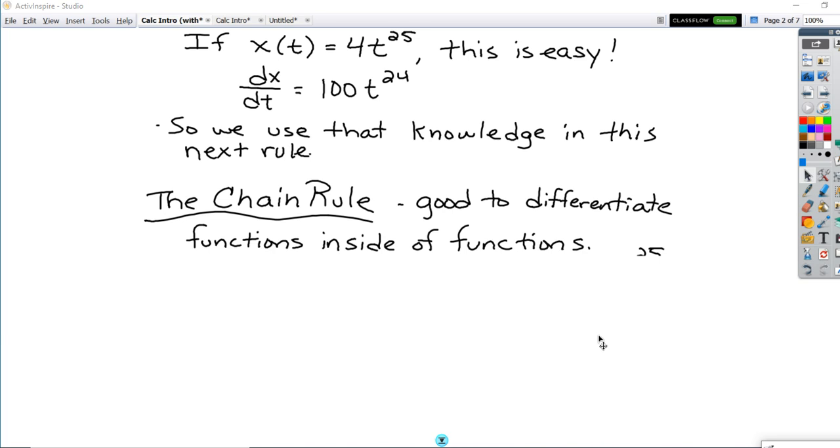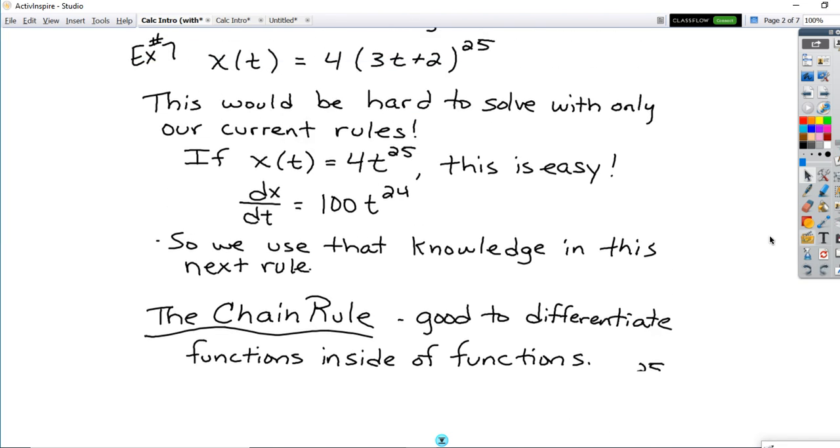So when you have a function inside a function, a composite function, chain rule is good. So how can we compare that to what we have here? This is one function, and this is something that we could easily differentiate. The 3t plus 2 is essentially a function inside of this function.